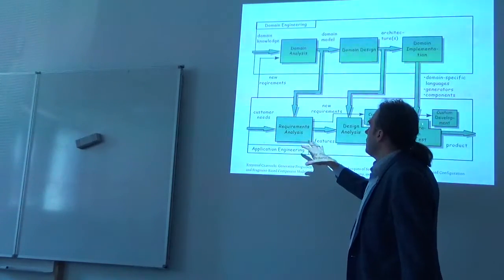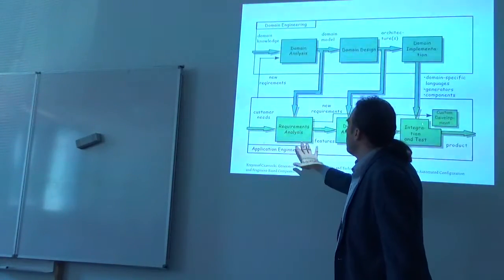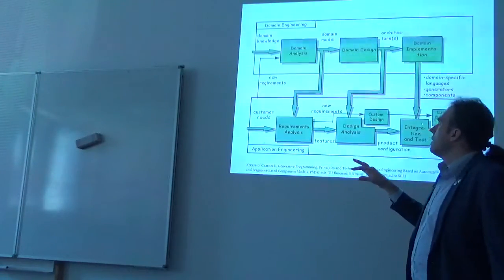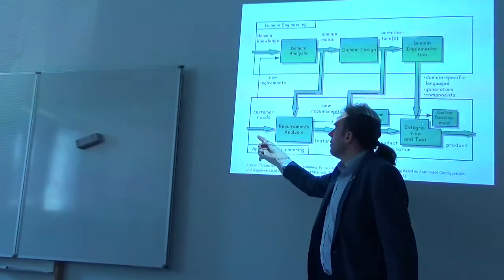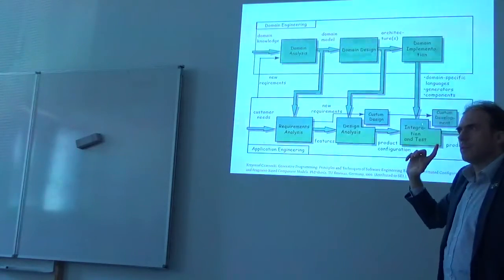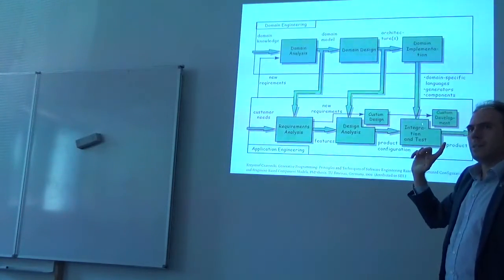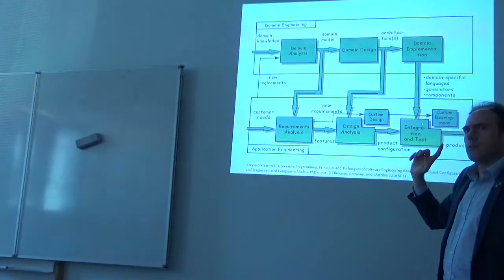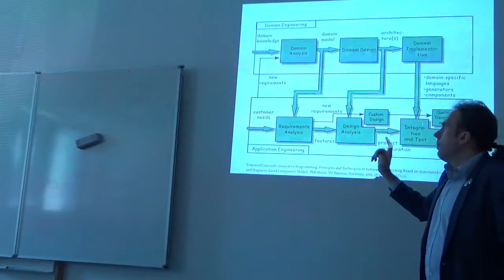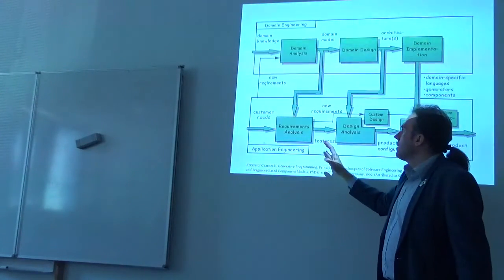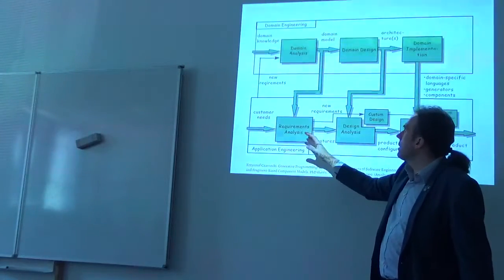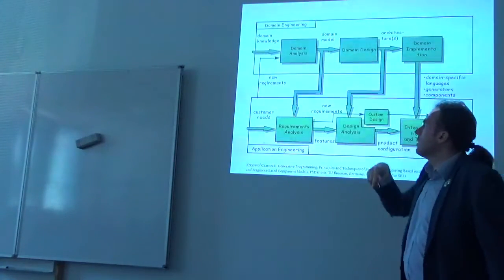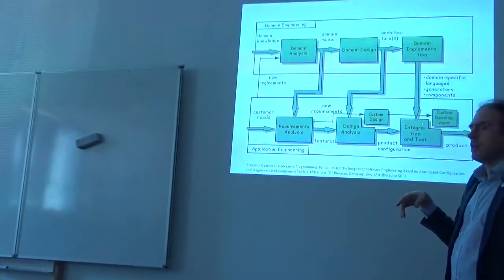just the basic things. So how this application engineering proceeds is that you really get the requirements from the client, but these requirements should be quite related to the features that you identified in your domain analysis.